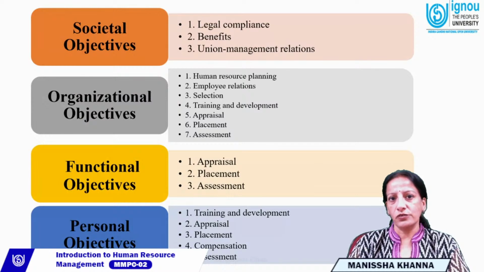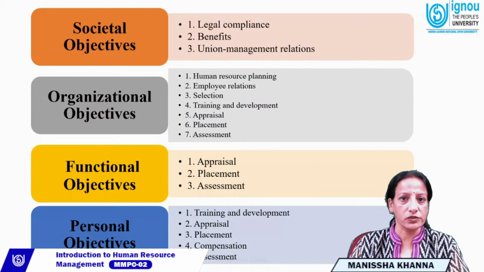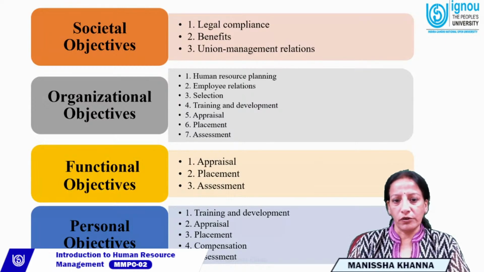A person has to be the right person at the right place at the right time. That's very important for any organization. Training and development, performance appraisals, placements. Placements here refers to the people who are placed on a specific job role as per their skills and their education.